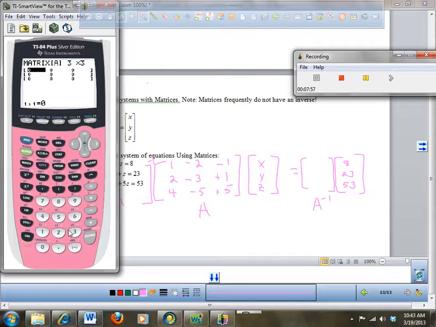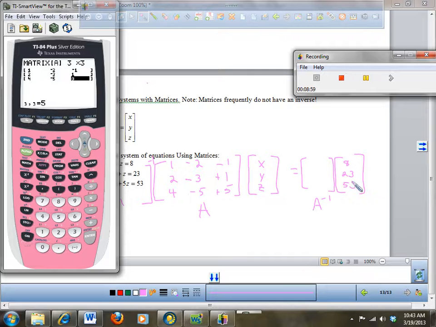So I go 1, enter, -2, enter, -1, and just keep clicking away. Okay, so there's matrix A.